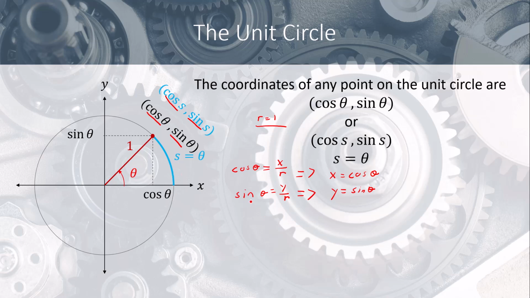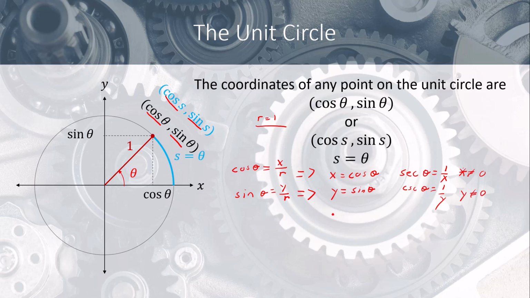So we have defined the first 2 of 6 circular functions, and we can immediately go ahead and define the other two, the reciprocal functions. If cosine of theta is equal to x, then secant of theta is equal to 1 over x, and it's defined as long as x is not equal to 0. And finally, cosecant of theta is equal to 1 over y, provided that y is not equal to 0.